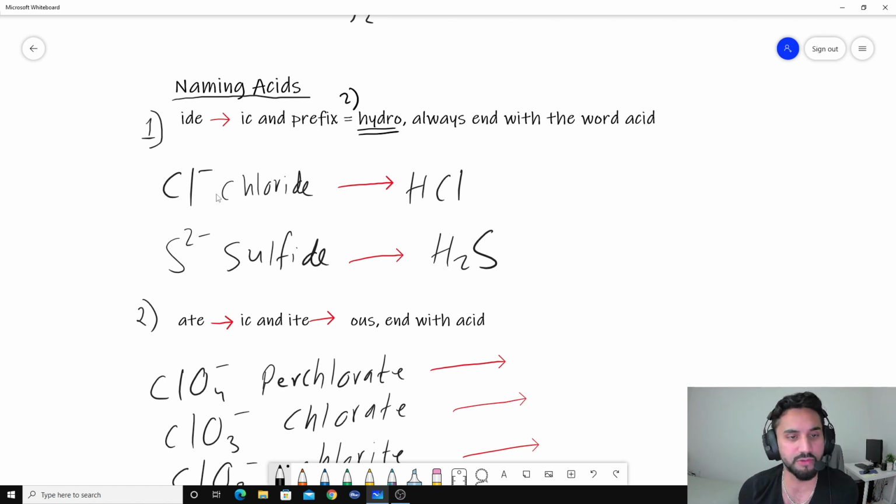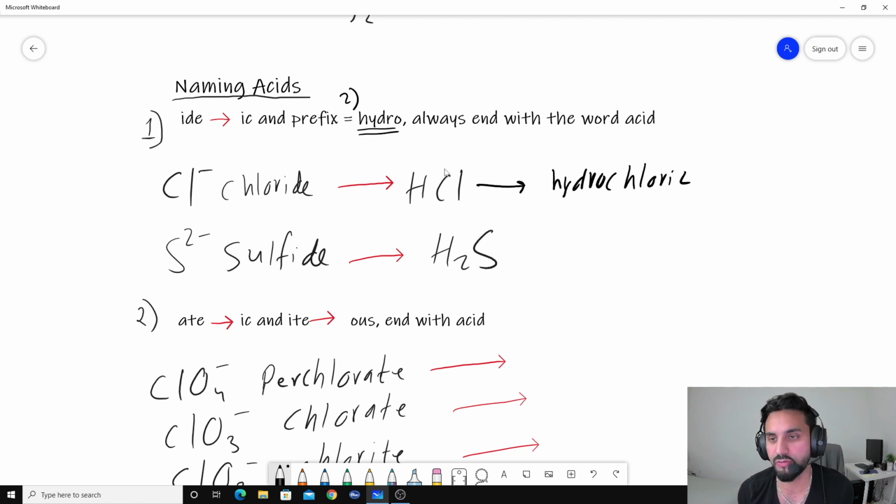So, for example, here we had chloride, so the IDE here becomes IC, so chloric. Let's write that down. Chloric. And the prefix is hydro, so hydrochloric acid.